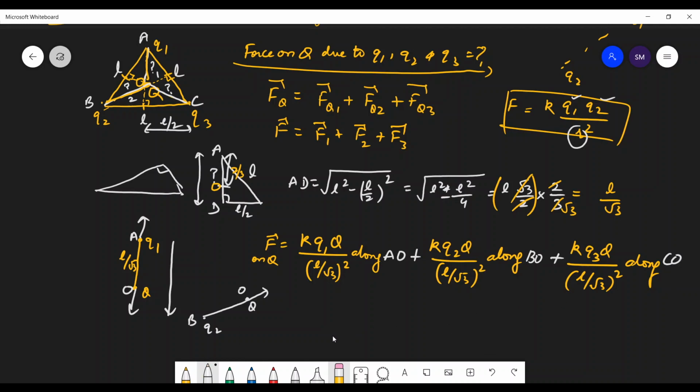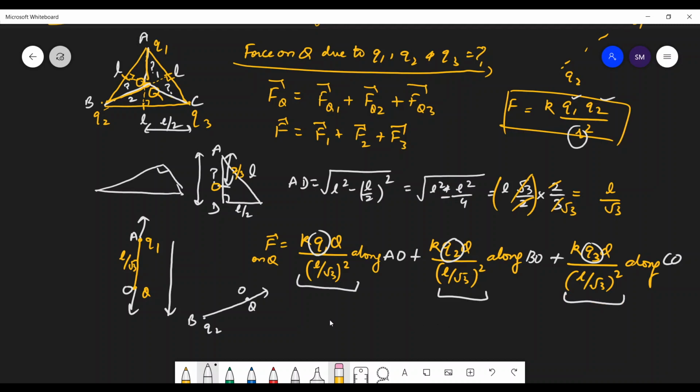Now look at these three forces. One thing is that as Q1 equals Q2 equals Q3, the magnitudes of all these forces are the same.